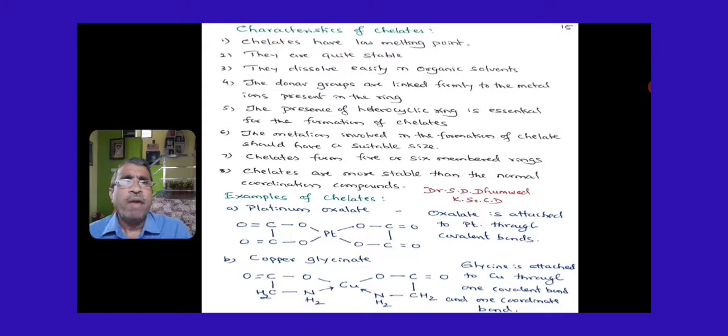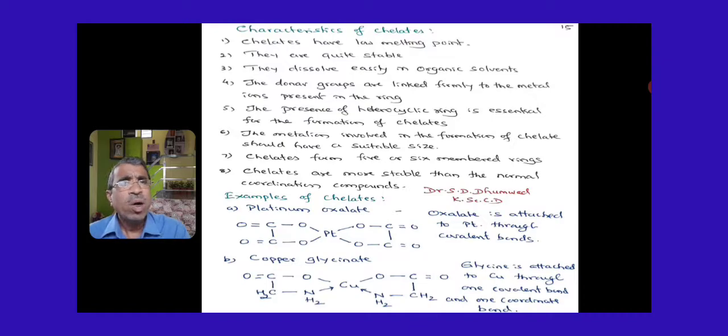So we have two rings, that is, the two oxalate groups, each of which forms a ring. So oxalate is attached to platinum through covalent bonds.